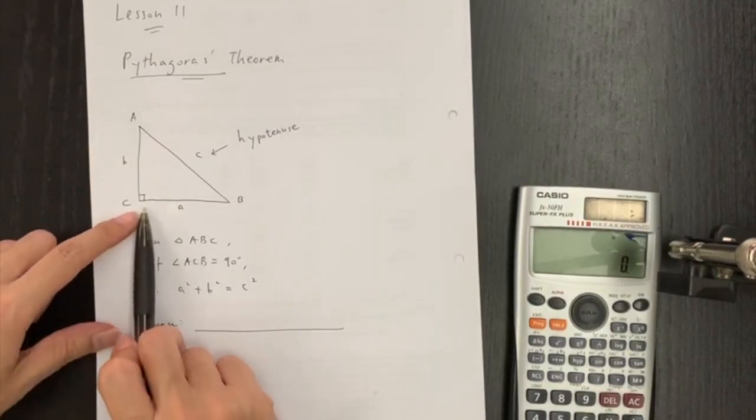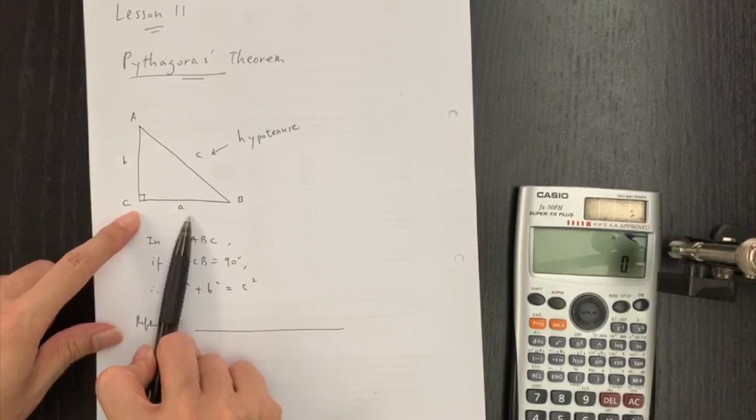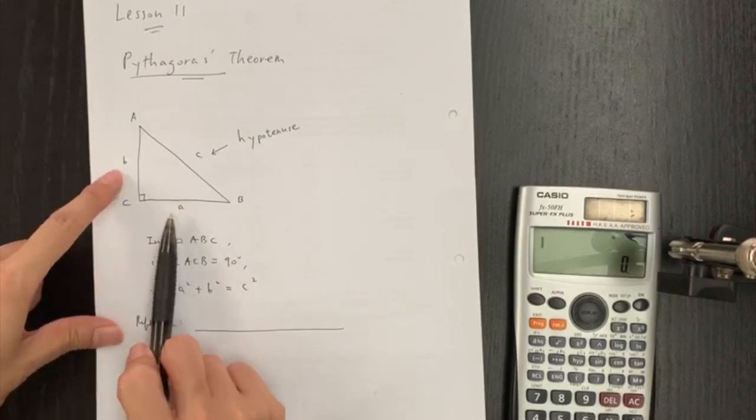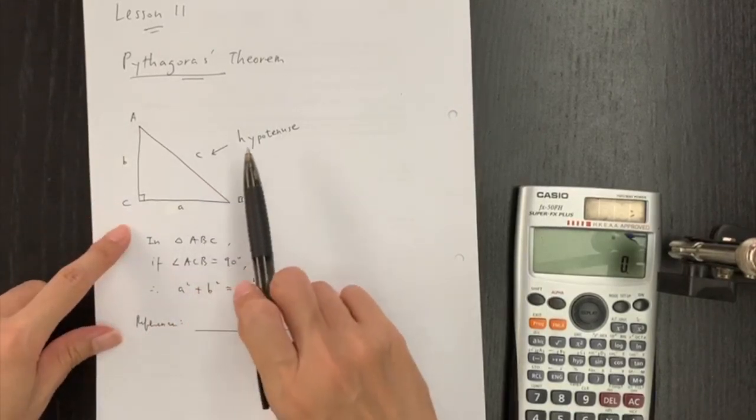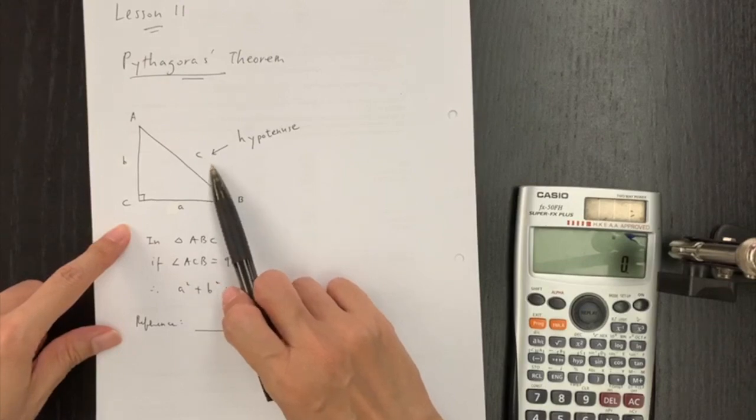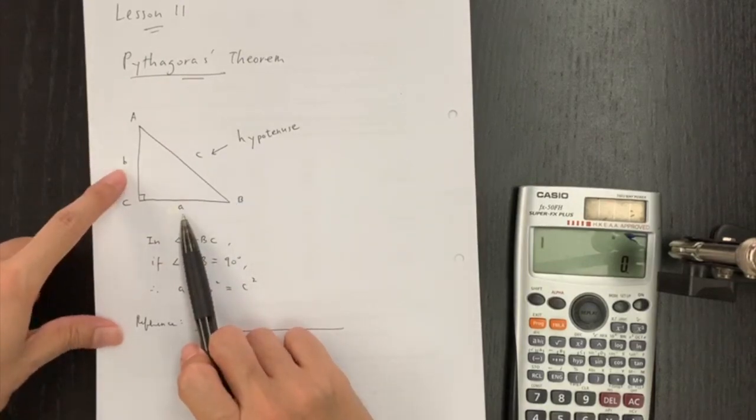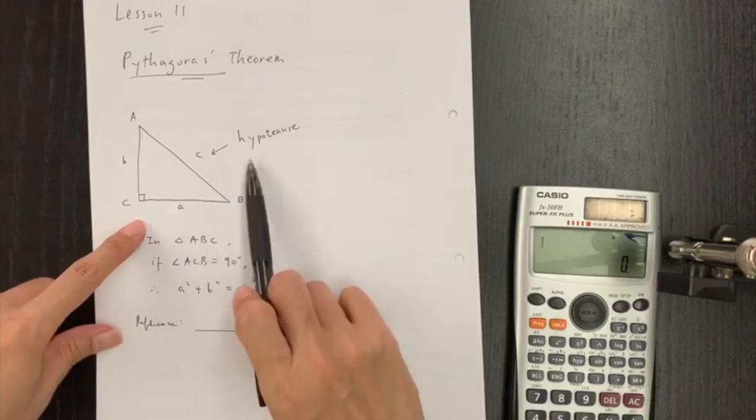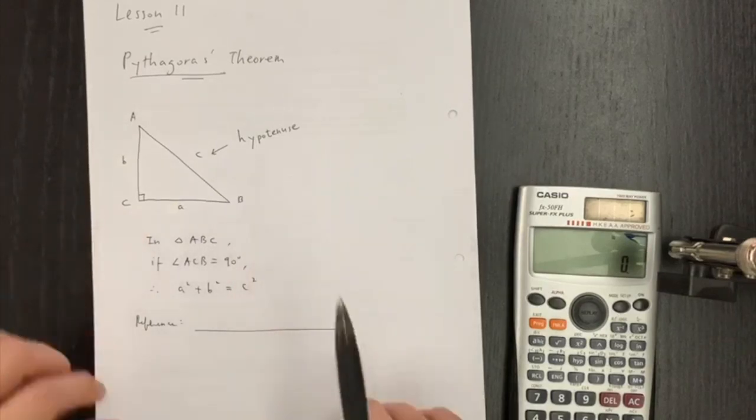In this right-angled triangle, we have three sides, A, B and C. We name C, which is the longest side in a right-angled triangle, the hypotenuse.